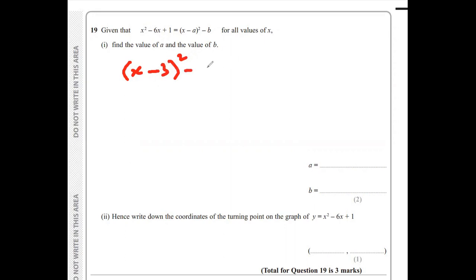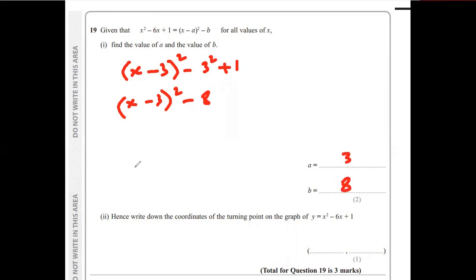So take away the square of 3, which will be 9, and then plus 1. This will give me x minus 3 all squared, minus 8, because minus 9 plus 1 will give me minus 8. So this means that a must be 3 and b must be 8.